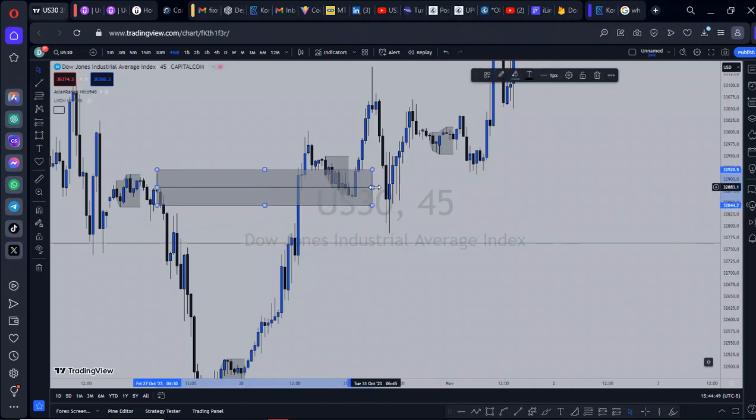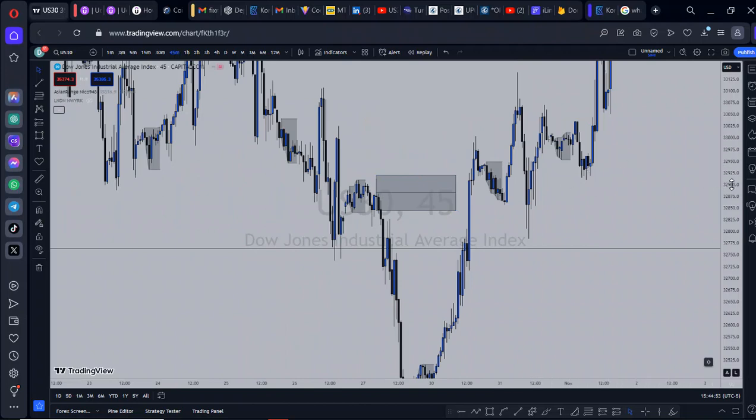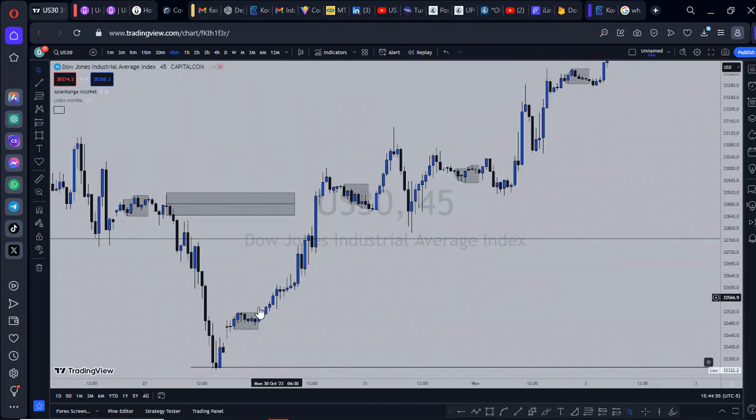Now this supply got violated. What is responsible to violate that supply? Now we can see when price was trading high, it was filling imbalance, but then it left a fair value gap right here. It left behind a fair value gap right here, and it was responsible to do what? To violate that area of supply, right?